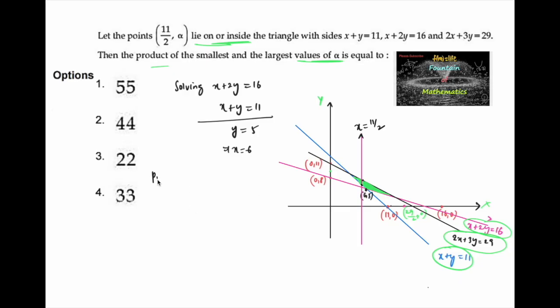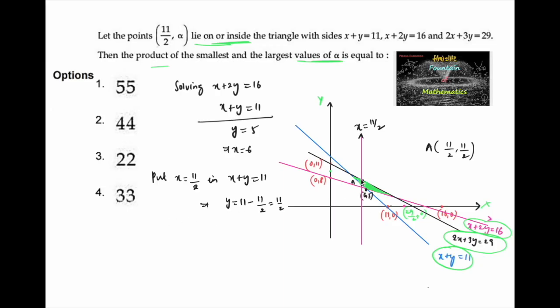So put x is equal to 11 by 2 in the line equation x plus y is equal to 11. So we get y is equal to 11 minus 11 by 2, that is 11 by 2. So this point, say A, is (11/2, 11/2).